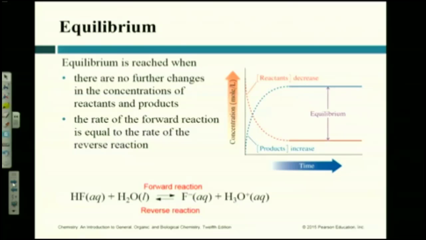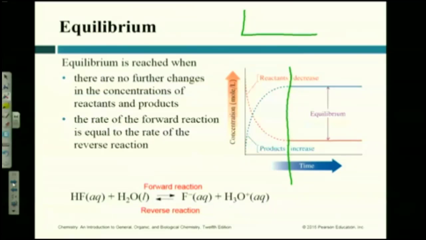Look right here. After this point right here, look, this is concentration on this axis, right? Look at these concentrations over here. Are they changing anymore? No. Now, what's a little bit weird on here is that the concentrations don't have to change by this much. I'm going to redraw this graph.